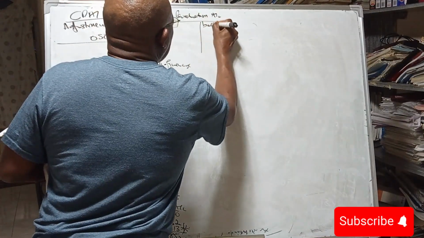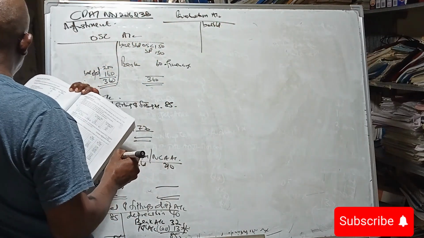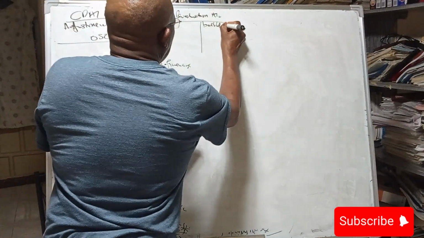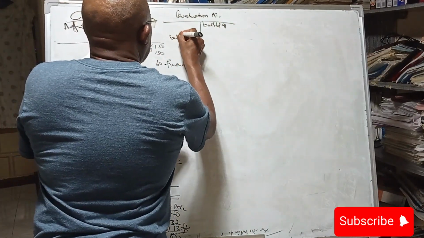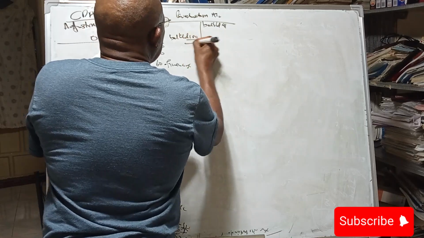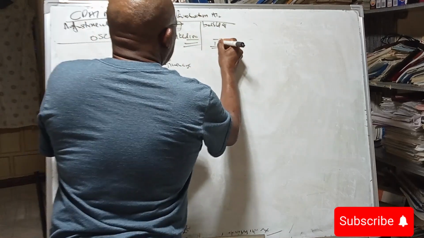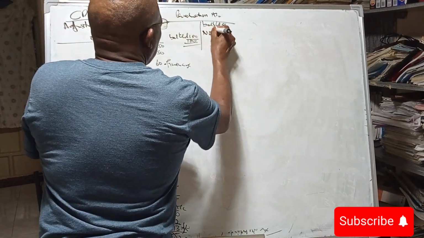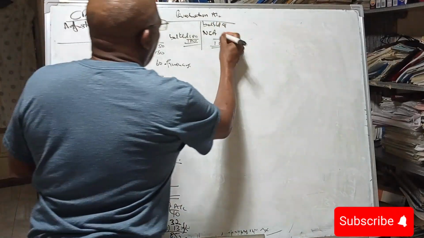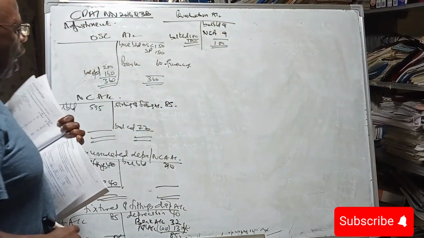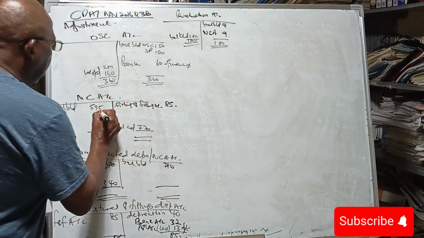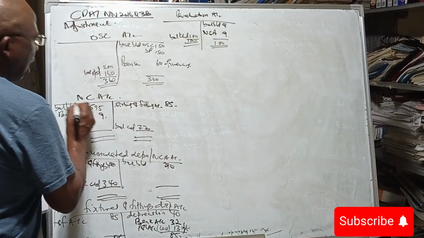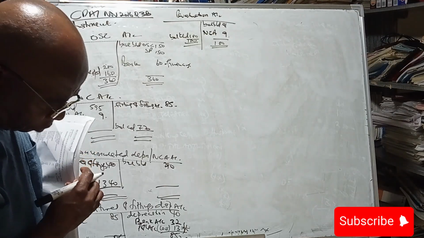So our opening balance of the revaluation account, the balance brought down, is 91, and the balance carried down is 100, meaning it has increased. Therefore we take it to non-current assets. We are revaluing our non-current assets upward by 9. So we come here and debit it with 9, and it is coming from our revaluation account.